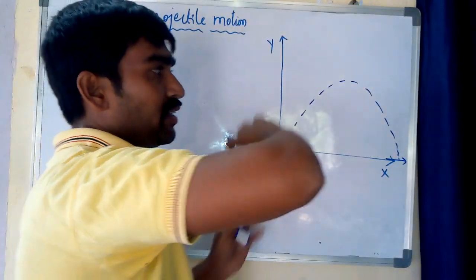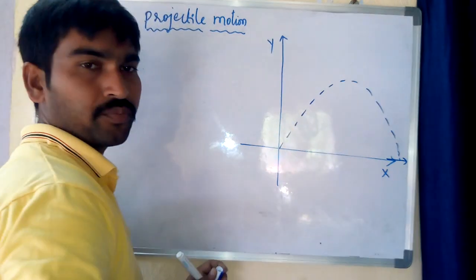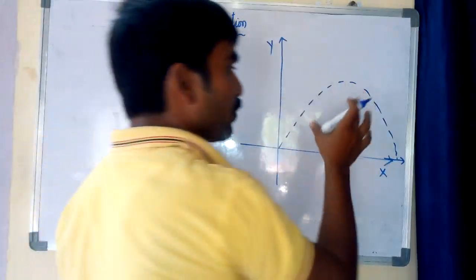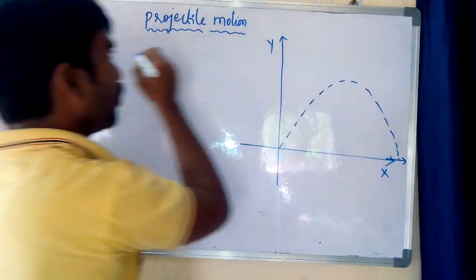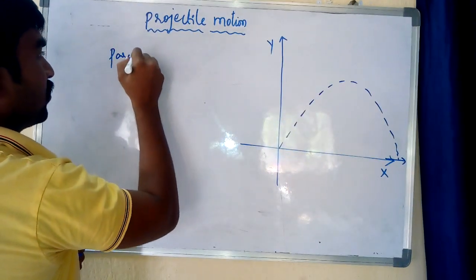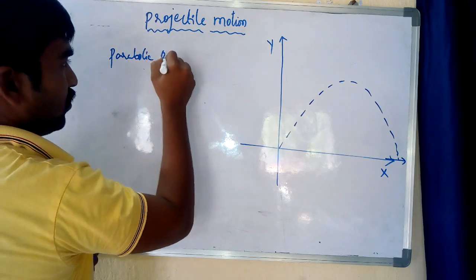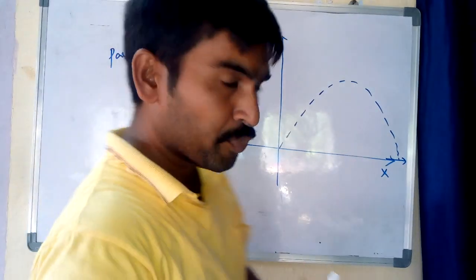So here the path is parabolic. Projectile motion explains the path of a motion, which is a parabolic path.